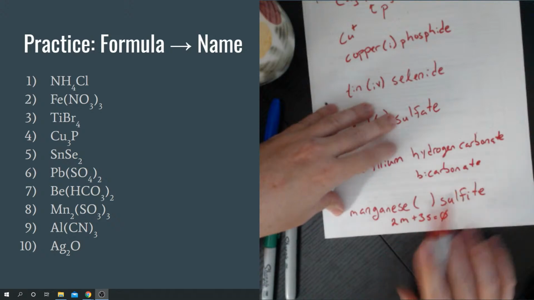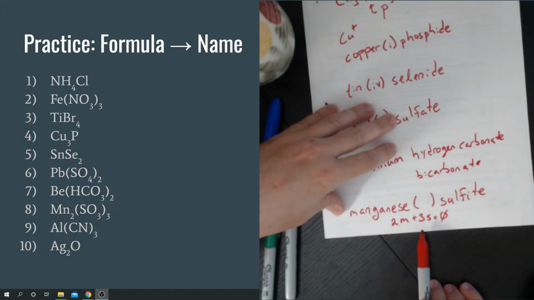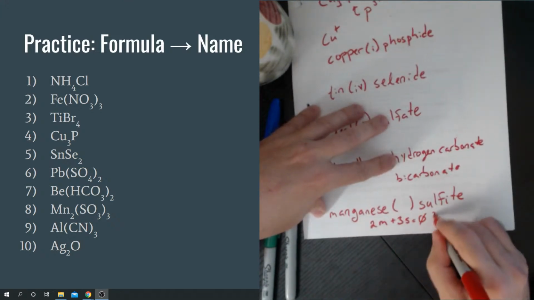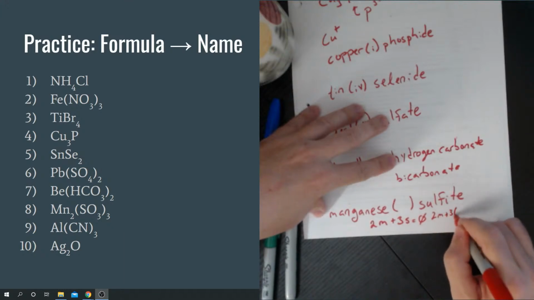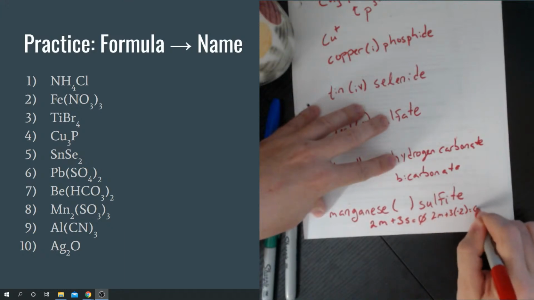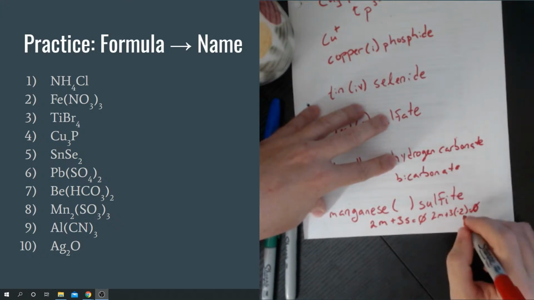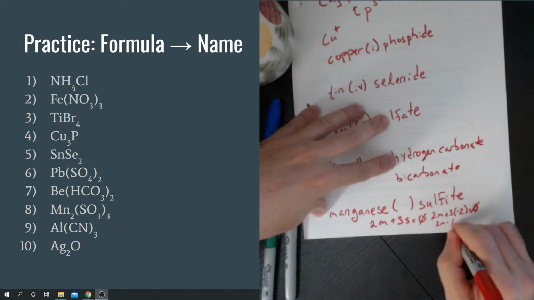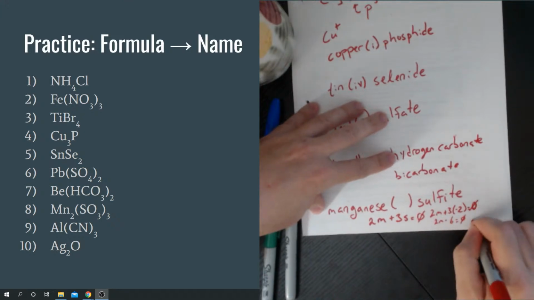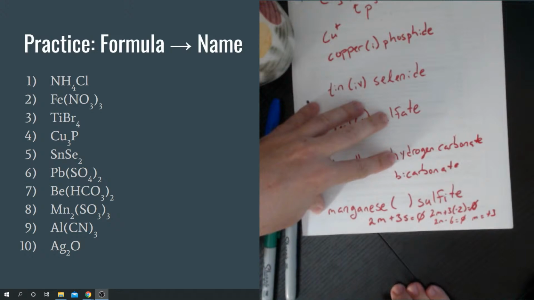The whole thing has to be neutral, and there are 2 of these, there are 3 of these. Each of our sulfurs has a -2 charge. So 2 manganese minus 6 equals 0. Our manganese has a +3 charge.